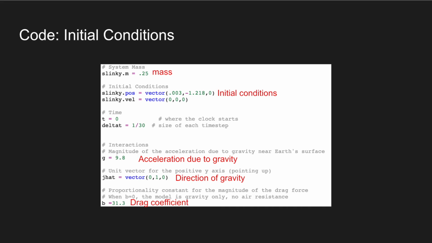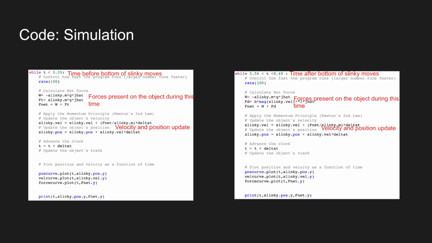As stated in the slide before, I included the slinky's mass, position, and initial velocity, and used the acceleration due to gravity as the constant 9.8 meters per second squared, and the direction of gravity as (0, 1) in the y direction. The drag coefficient was found by trial and error to try to match up the scale of the drop to the computational model.